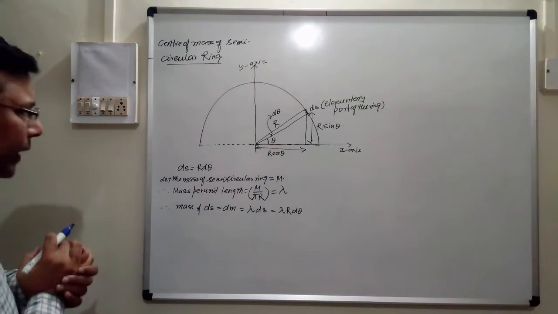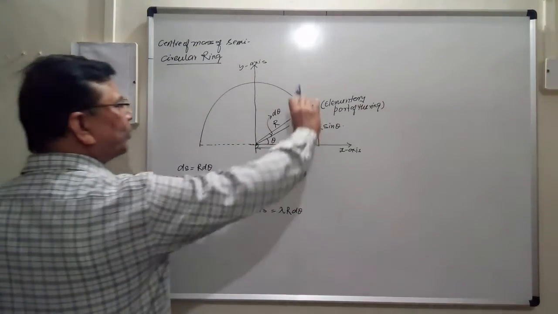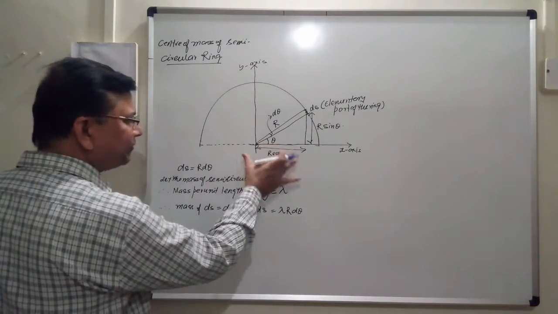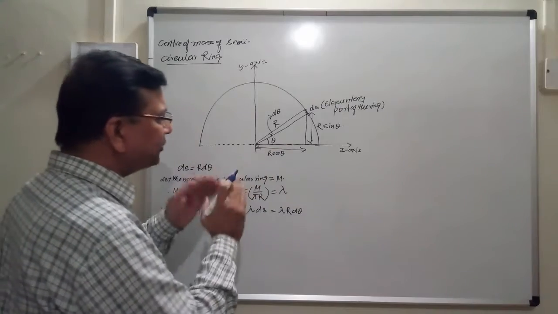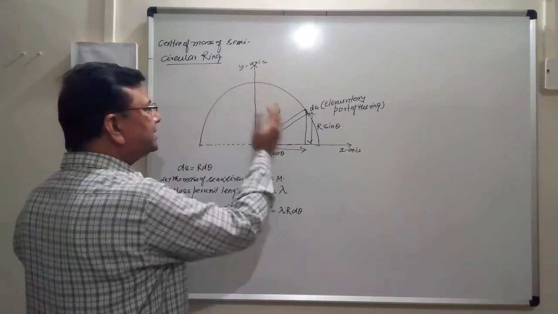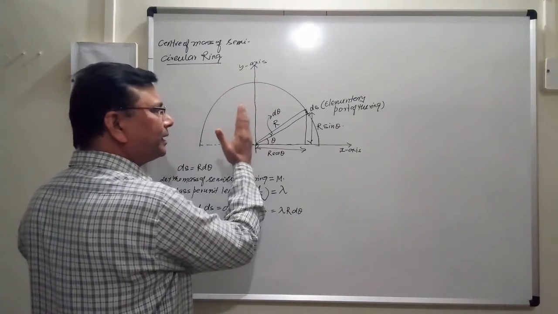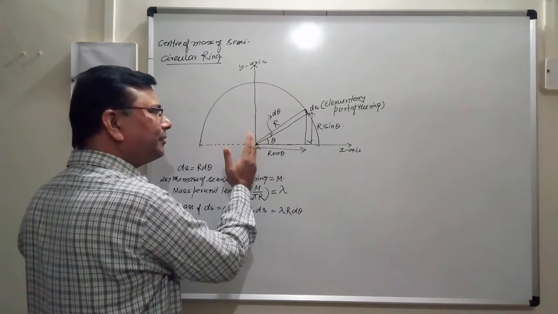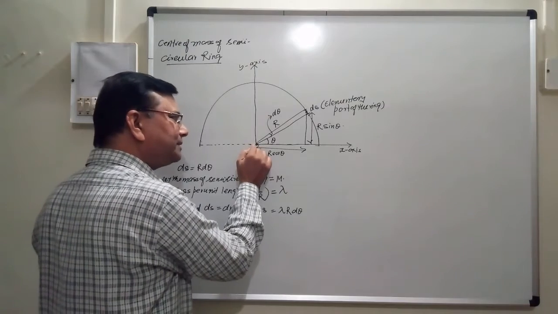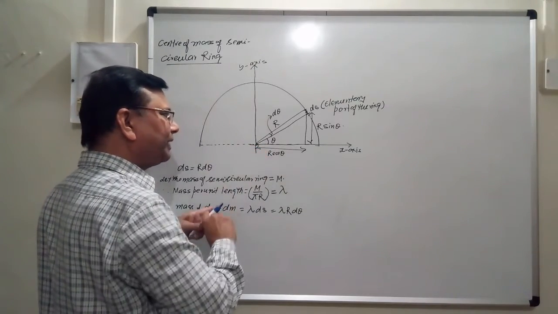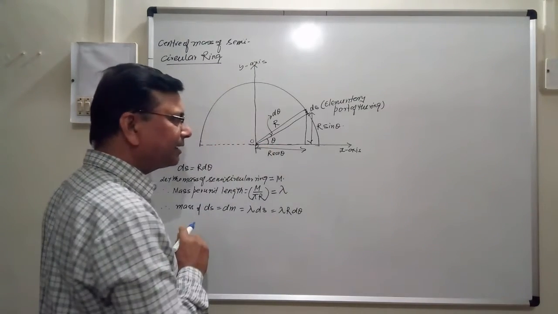So I will take the y coordinate first. The x coordinate, due to symmetry, because this ring is symmetrical about the y axis, the x coordinate of the center of mass will be 0, since we are measuring from this point.